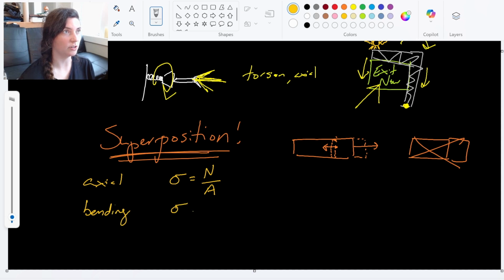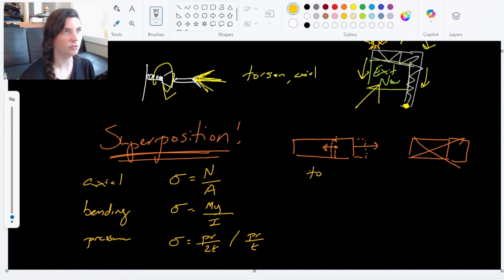So the bending stress was moment times distance from the centroid over moment of inertia. And then there's pressure as well. Pressure was a normal stress. If you have a thin-walled pressure vessel, you could use PR over 2T or PR over T, depending on whether you're looking at the hoop stress or the longitudinal stress.